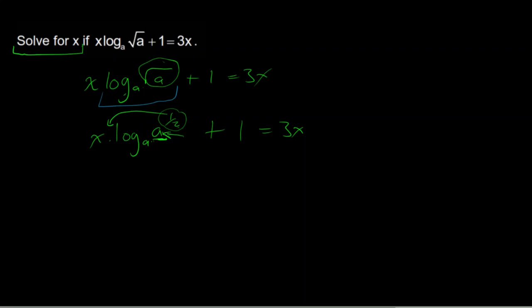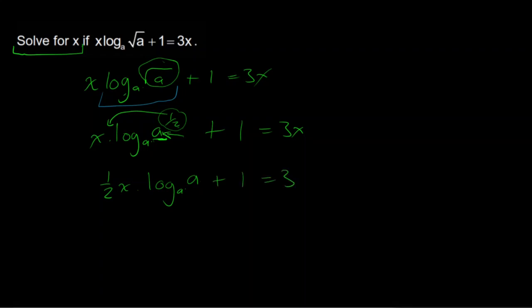Remember, a log is only another way of writing an exponent. In fact, it's useful to remember that the answer to a log is an exponent. Hence, we can rewrite this as 1 over 2 multiplied by x multiplied by log base a of the argument a plus 1 is equal to 3x. Now remember, keep your arguments on the inside.